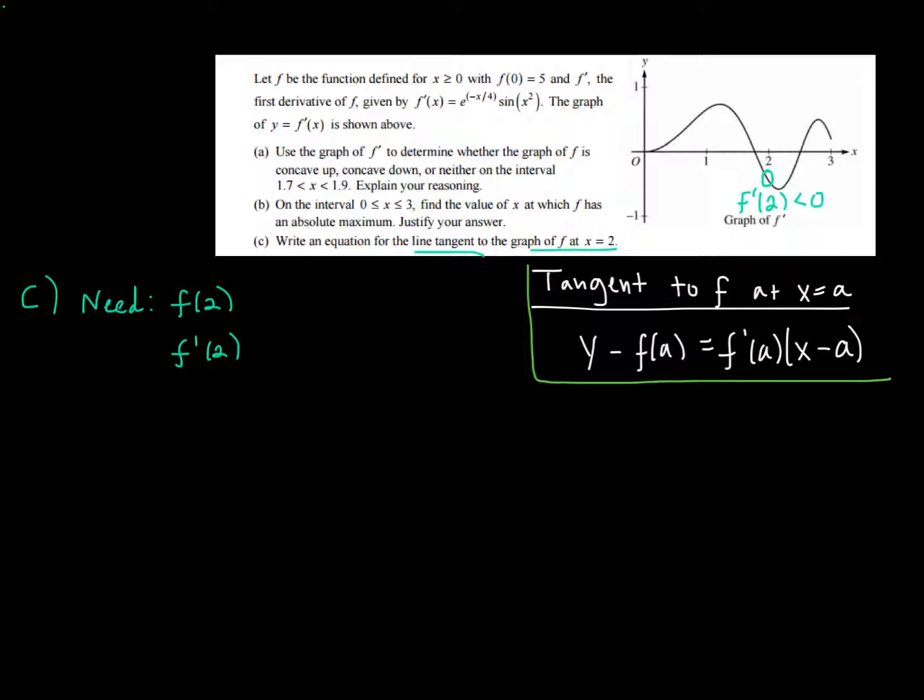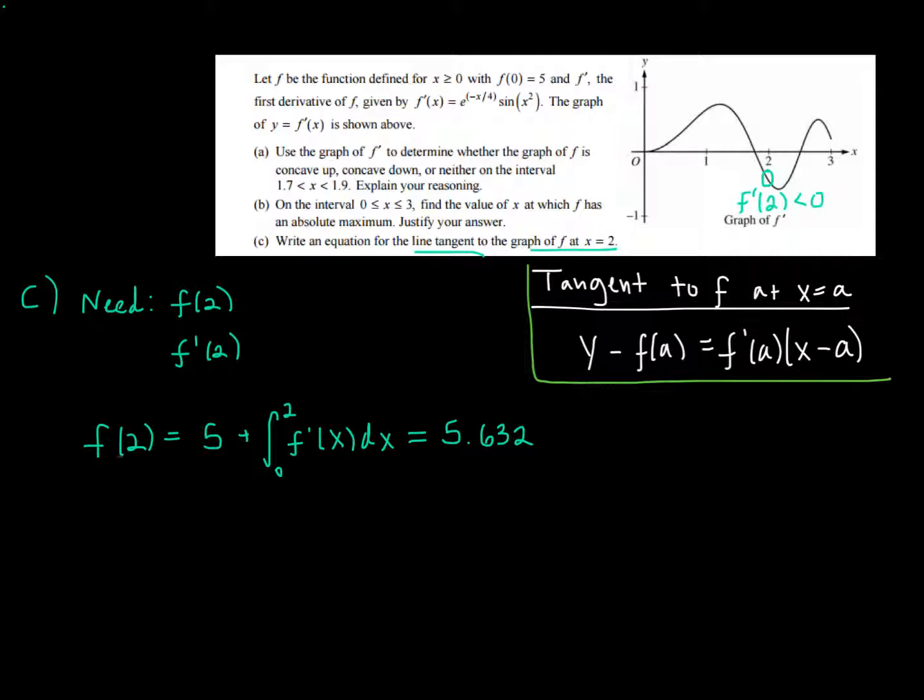So in order to write this equation, I need to find f of 2, the y value when x is 2 of my function f, and I need the slope of my function at 2, f prime of 2. So based on what we did previously, we should have a good grasp on how to find f of 2 using the initial condition, f of 0, and then the definite integral in order to get all the way to 2. So I've written that here.